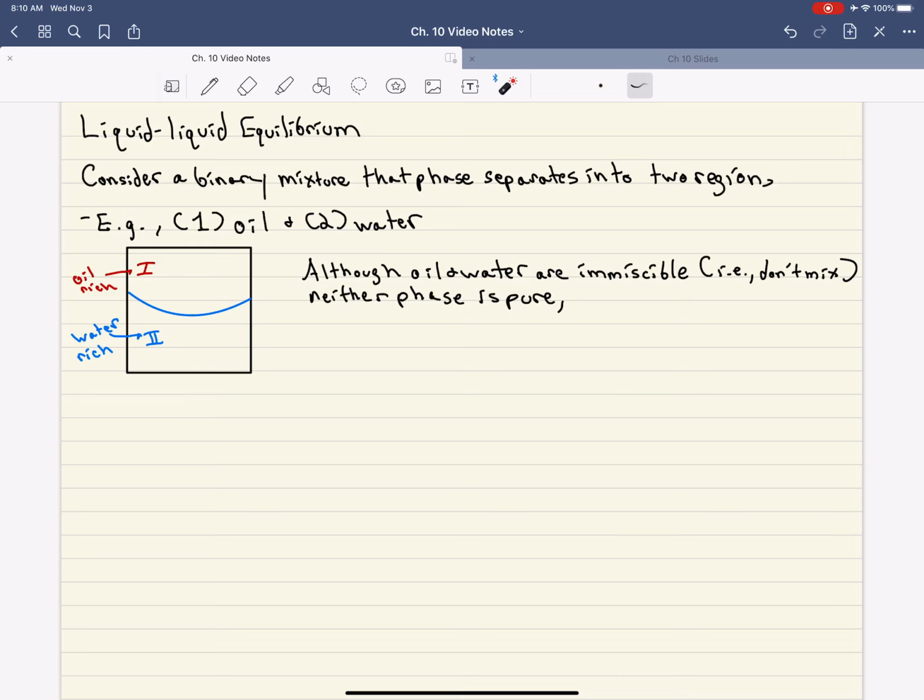That's because in order to maximize the entropy in the system, there's always going to be some oil molecules, not a lot, but just a couple, that dissolve in the water domain, and a couple of water molecules that dissolve in the oil domain. So there is always some solubility.